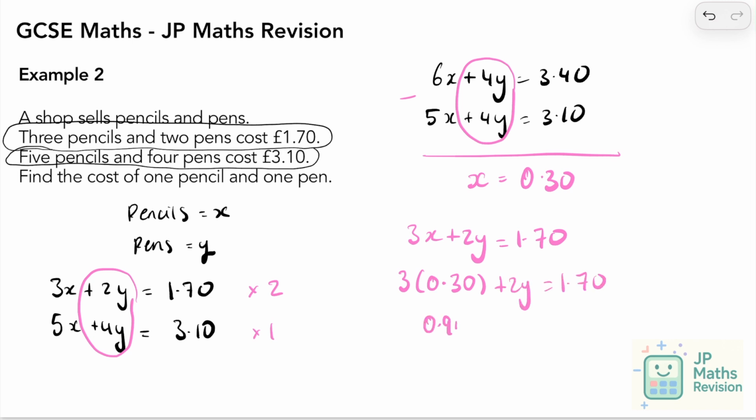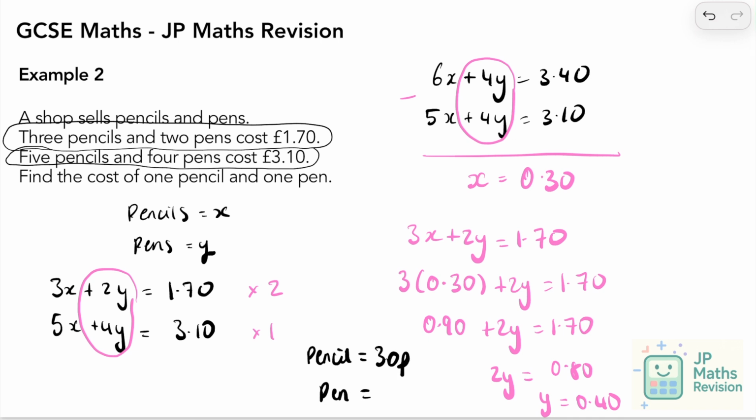So that means £0.90 plus 2y equals £1.70. So minus 0.9 from both sides, I get 2y equals £0.80. So therefore y equals £0.40. So that tells us that a pencil is 30p and a pen is equal to 40p. And that is the answer to that question.